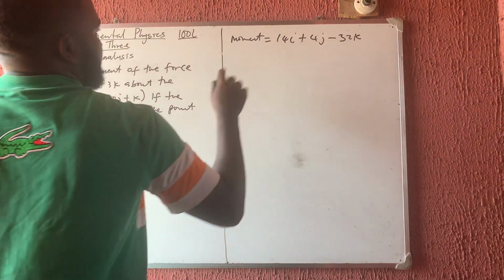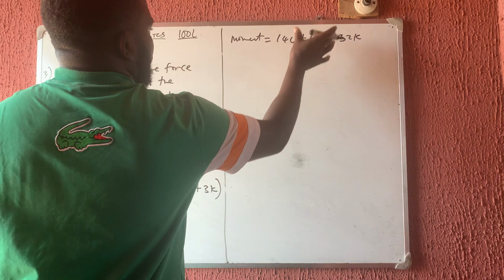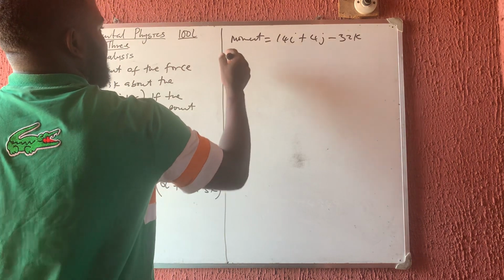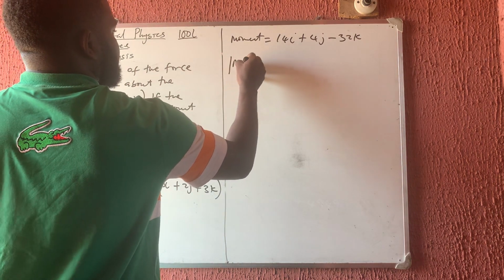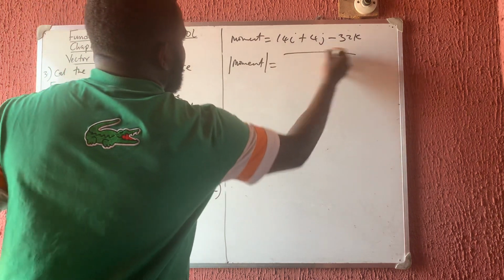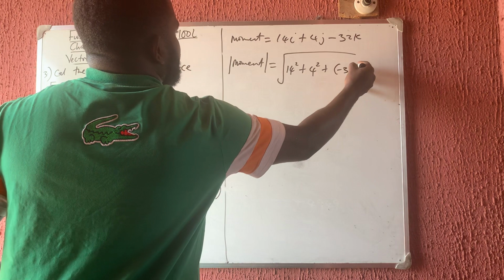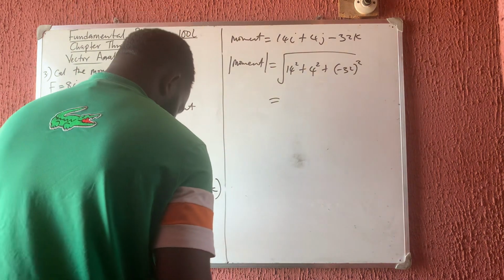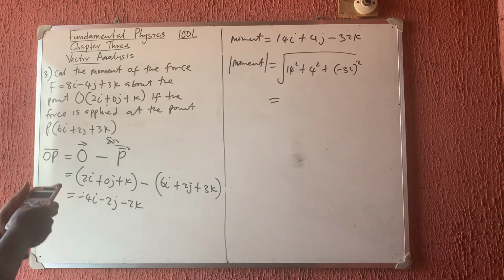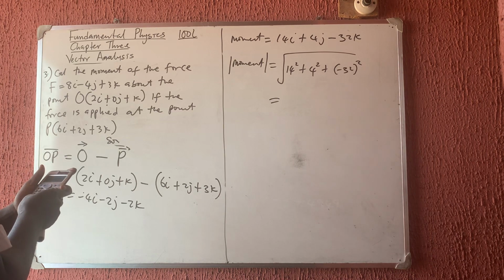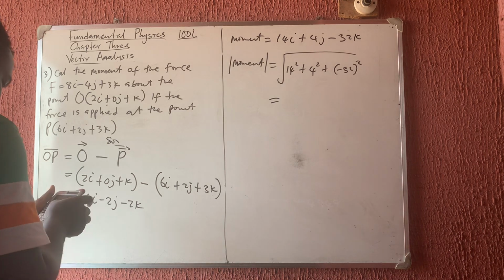Now the next thing, they might leave the answer as a vector, or they can leave it as a scalar by asking for the magnitude of that moment. The magnitude of the moment will give you the square root of 14 squared plus 4 squared plus minus 32 squared. So which will give you 14 squared plus 4 squared plus 32 squared. So square root of that.